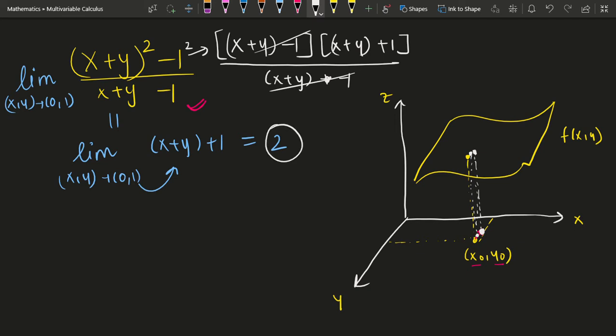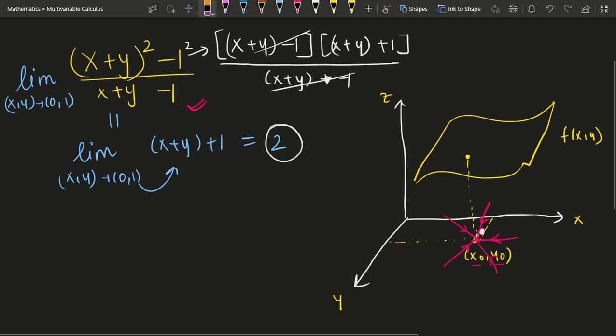So the way you are approaching to find the limit can be defined in several ways. Either x and y can approach through a certain path. Let's say there are certain lines on the xy plane through which you approach and check whether the limit is 2 or whatever number you have.